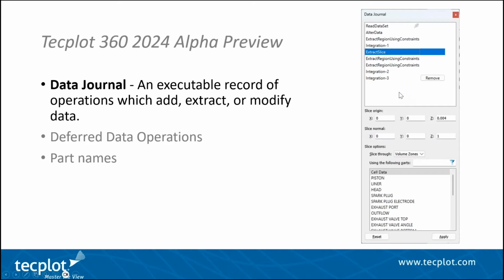And really what it is, it's an executable record of the operations which add, extract, and modify the data. So in this case, you can see that we've added data by doing a read data set. We've altered the data, modified the data using an alter data command. We've done some sort of extraction, some integrations, extracting slices, etc. So this is your data journal. So this provides a record of what you've done.